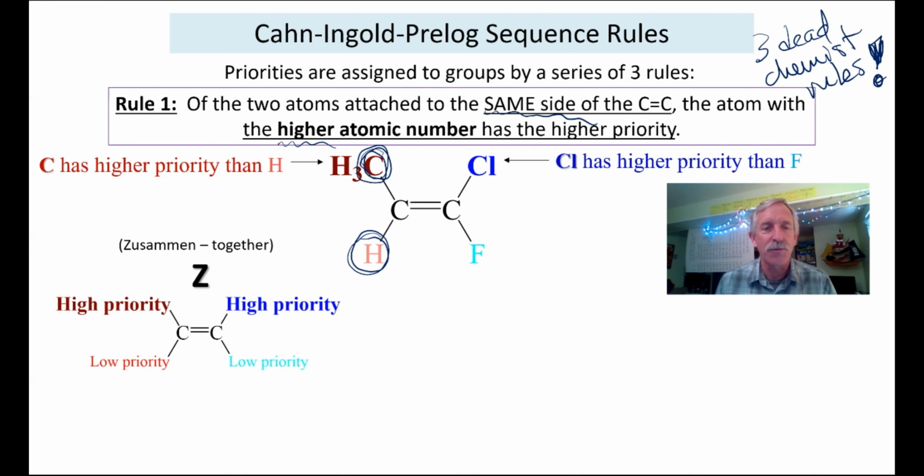Because these gentlemen were German, they actually named things that had things on the same side, like this one, both on the same side. And I'm going to butcher this because I don't know German. The Zusammen, meaning together, means the highest priorities are on the same side. Oh, my, you hear that? I'm already even using a really funny, stupid little way to remember this.